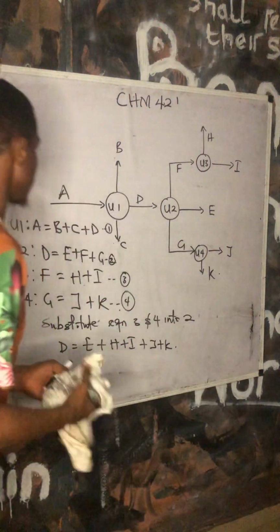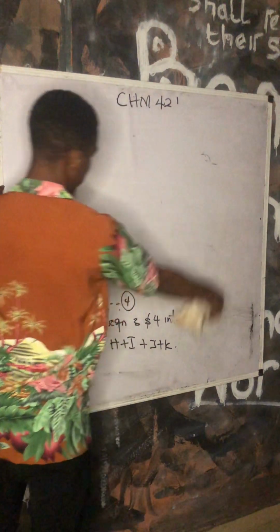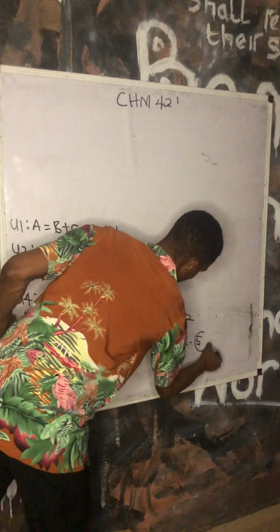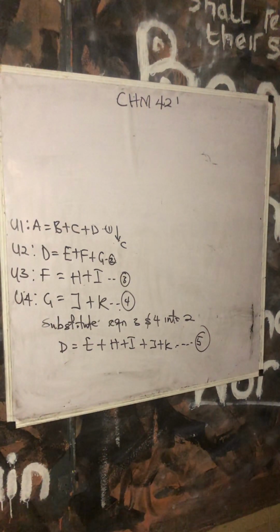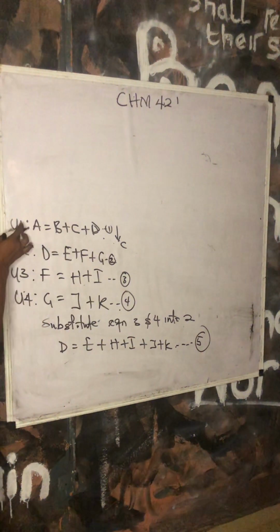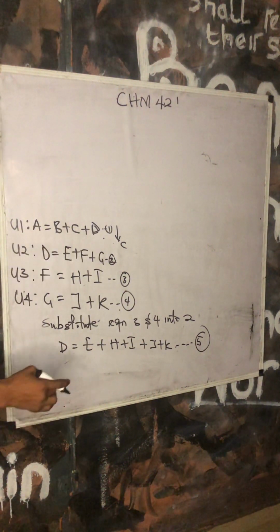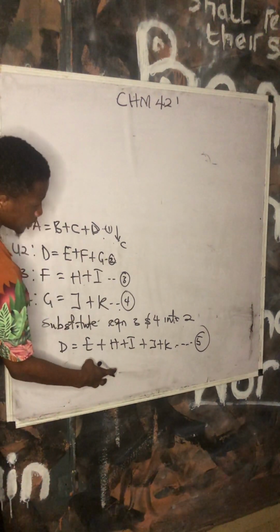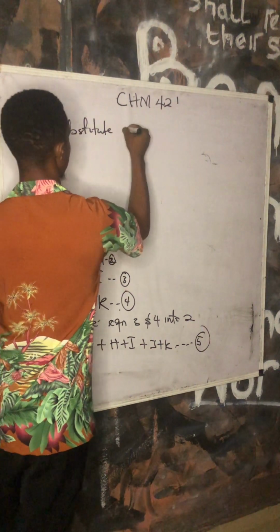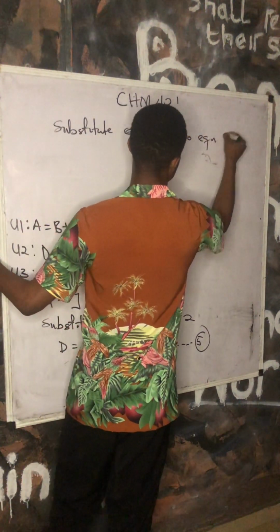Now at the end of it, let's label this equation 5, for example. Now we have D here, but we also have D in component U1, A equals B plus C plus D. All I have to do is replace this D with this D. So with that, I'll say substitute equation 5 into equation 1.